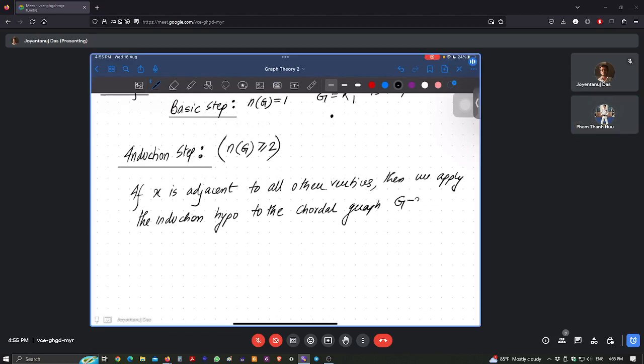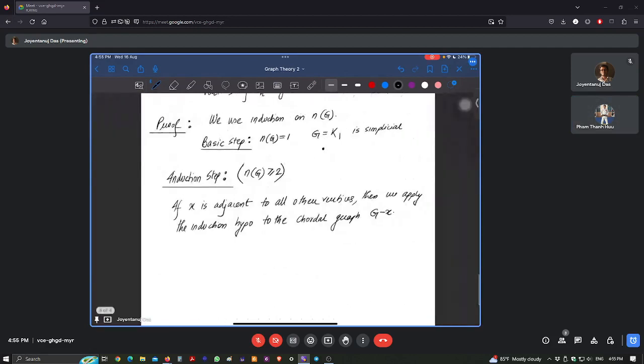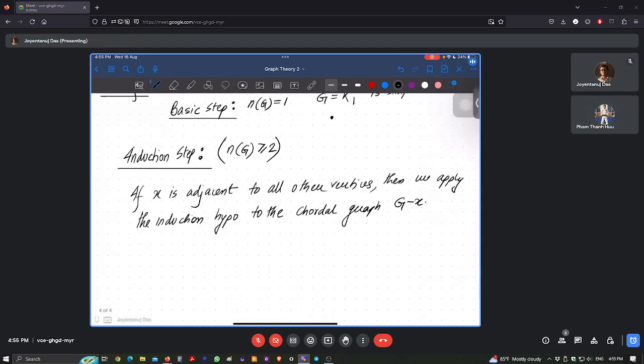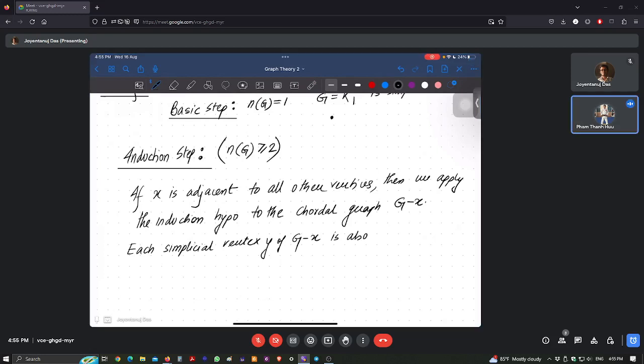If we delete x and consider G minus x, it is still chordal, so it does not violate any property. Each simplicial vertex y of G minus x is also simplicial in G, because that is not affecting the structure, as x is adjacent to every vertex.